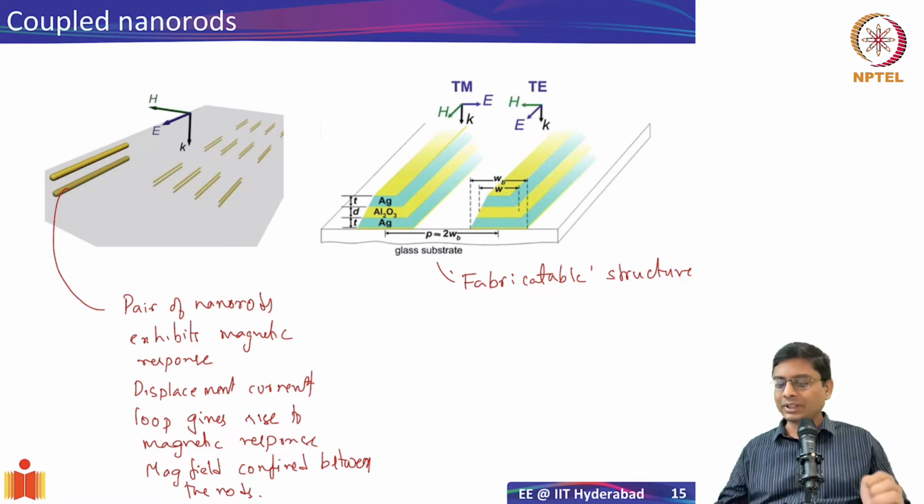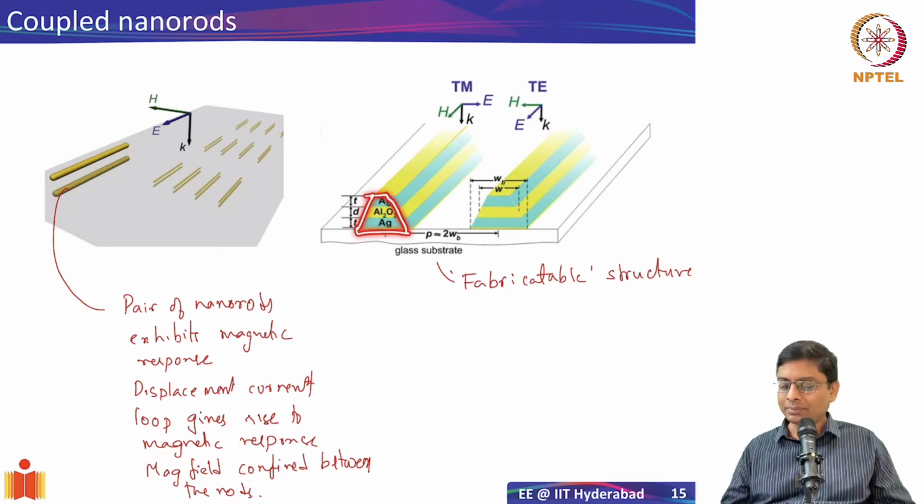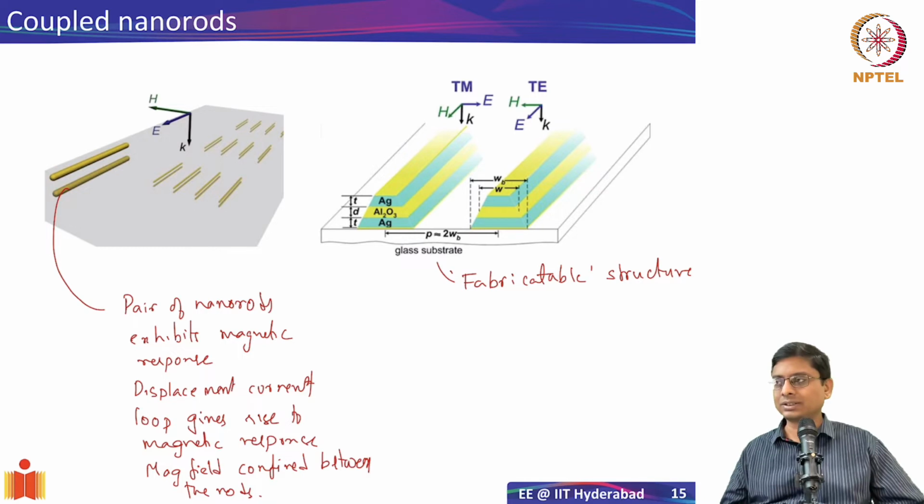So you can create a structure like this, and it ends up in this form. It will never be a proper straight line, but it ends up in the trapezoidal form. This is a metamaterial that the researchers at Purdue have investigated.